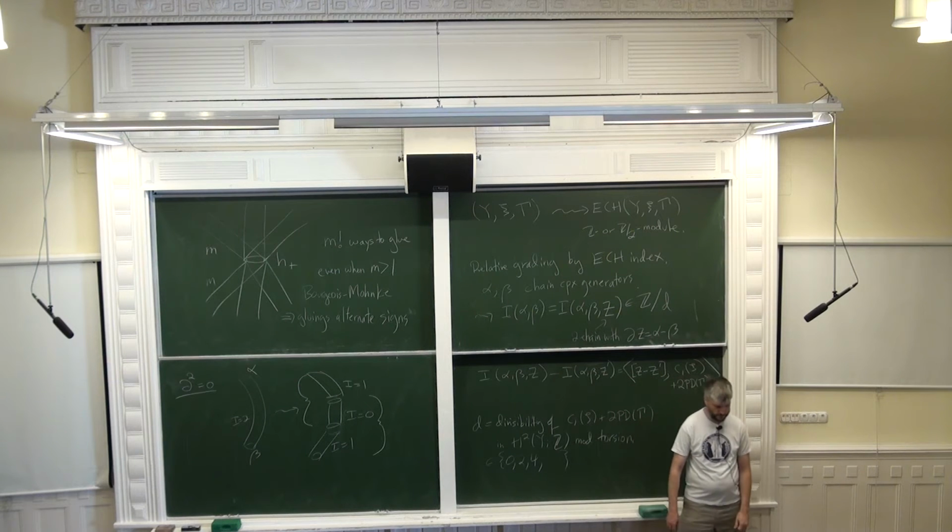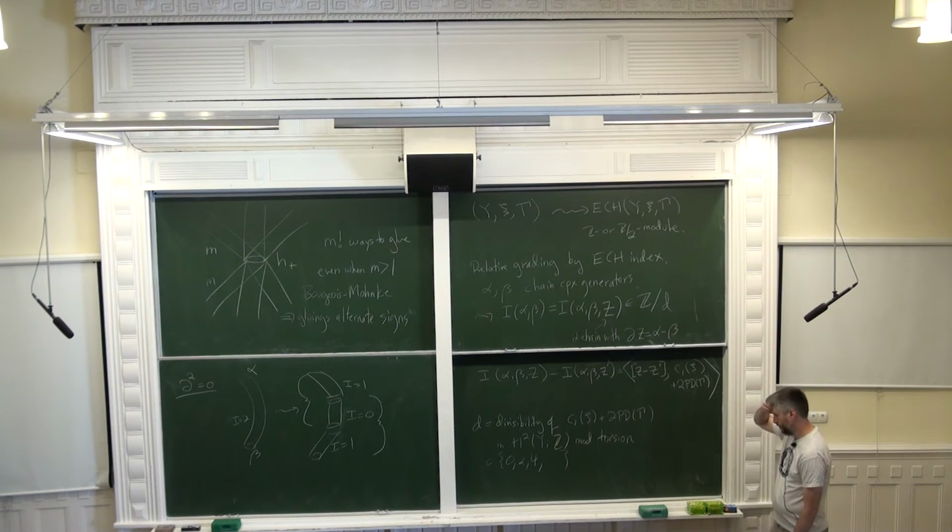So we have a relative grading. There's actually an absolute grading by homotopy classes of oriented plane fields, but I won't try to explain that now. So this is good enough to get started.